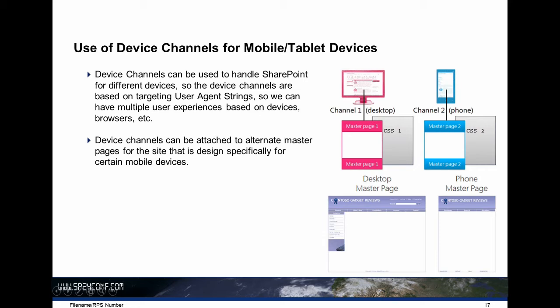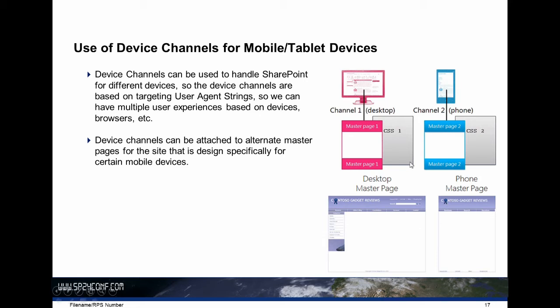So if we wanted to have a particular view or a look for an iPhone, we could target the iPhone. If we wanted it for a Windows phone, we could do that. If we wanted it for a particular operating system, we could do that. We can use these user agent strings and target for each of the device channels. The device channels can also be attached to different master pages. So we have different options here with the device channels.